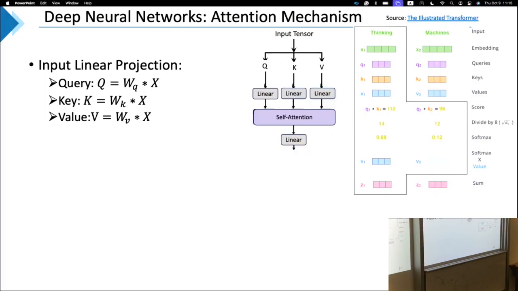To help you understand more about the mechanism, I also make an example on the right-hand side. Let's say we have 2 words, thinking and machine.